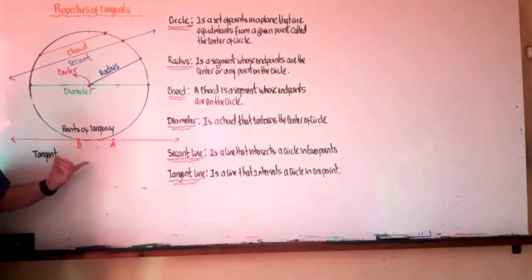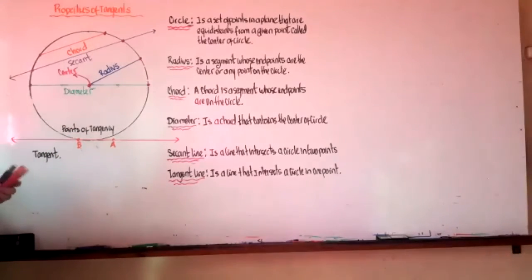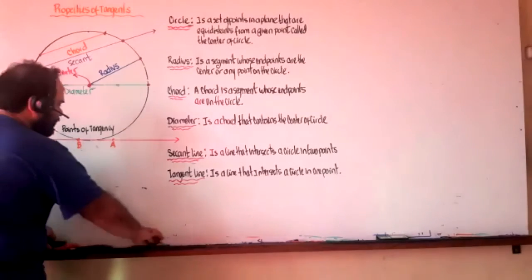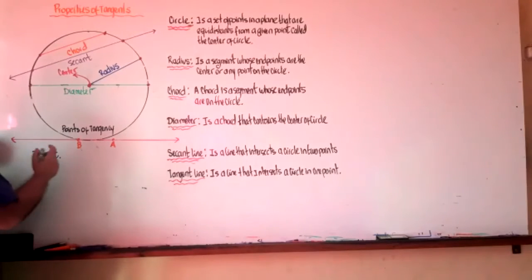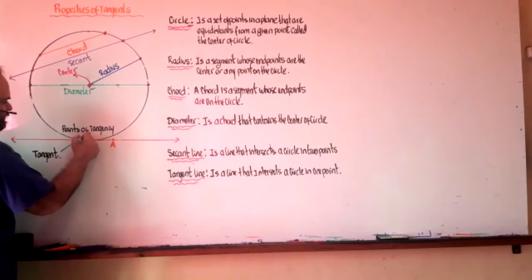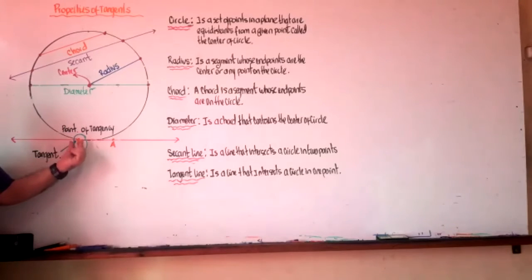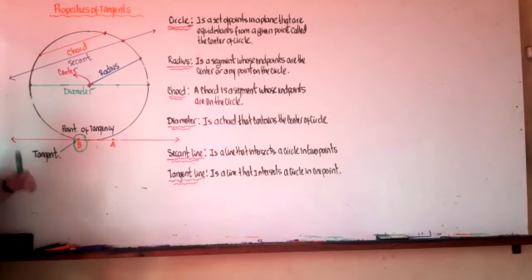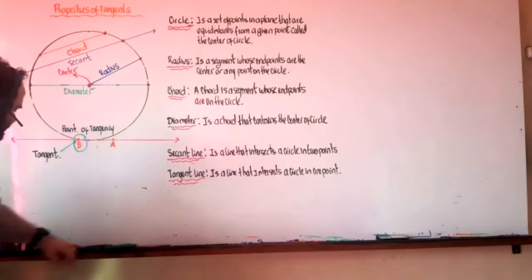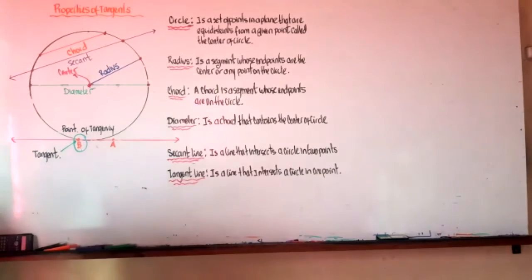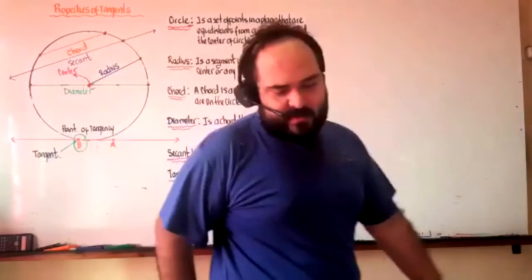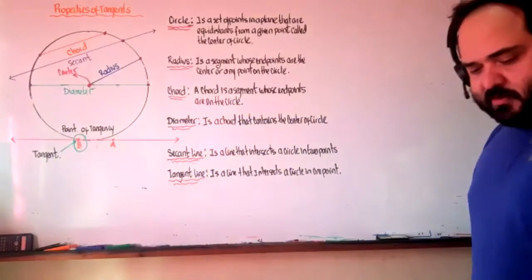But in this situation, this tangent line will be the line that intercepts the circle in one singular point. I mean, we have the point A and the point B, the intersection of the tangent line, or the point of tangency, which will be the letter B, because we have the intersection on the circle, but the second point is outside the circle. That's why we have the difference between the location of these points.